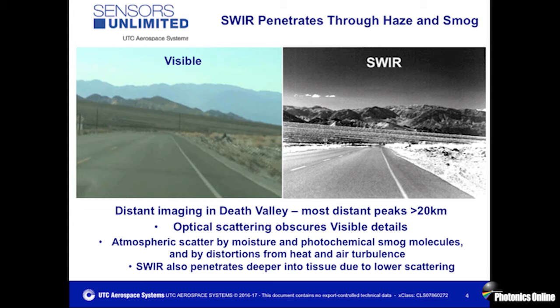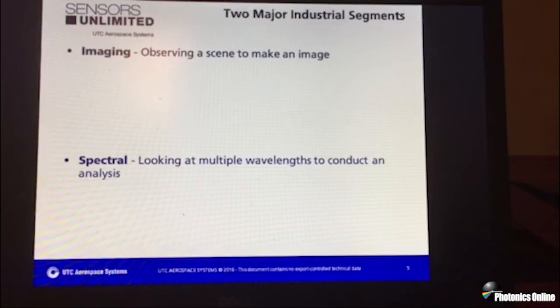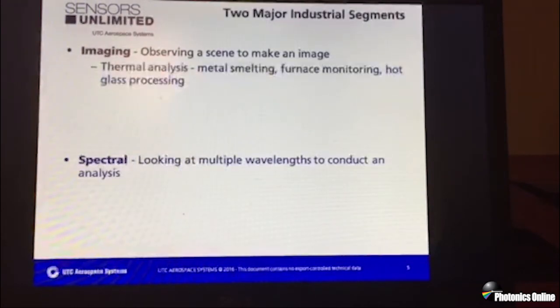Next, we're going to talk about the two major industrial segments that SWIR serves. Imaging, generally observing a scene to make an image, or spectral imaging, looking at multiple wavelengths to conduct an analysis. In general imaging, we can be used for thermal analysis, for hot metal processing, metal coatings, furnace monitoring to recover chemicals.